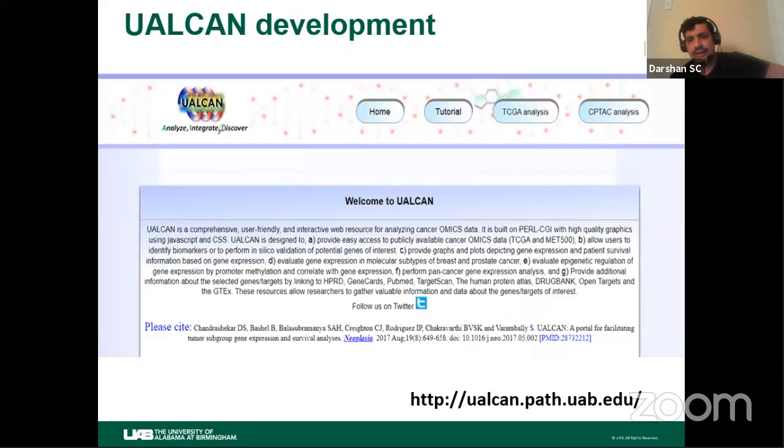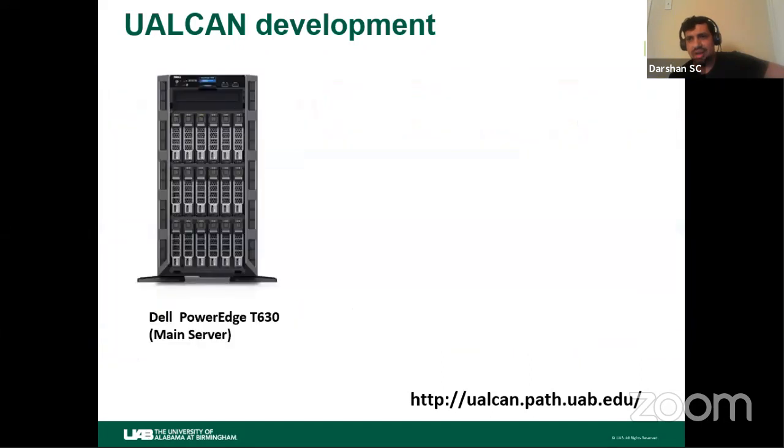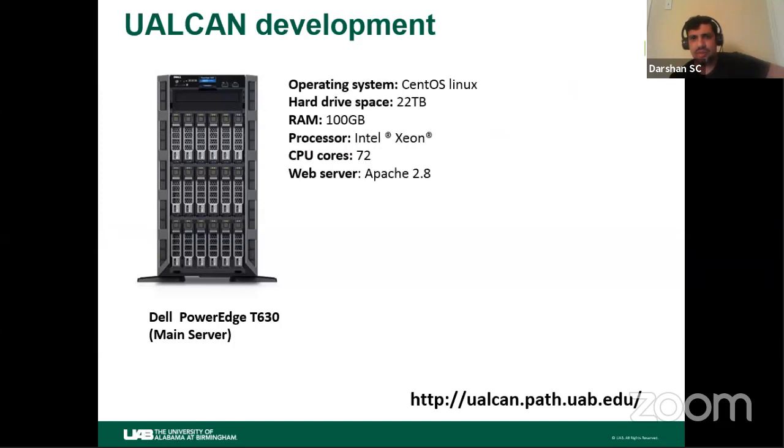For those who are interested in computer stuff, especially the hardware, the entire UALCAN website is hosted on a Dell PowerEdge server with about 22 TB of hard drive space, 100 GB RAM, and around 72 CPU cores, running on an Intel Xeon processor.